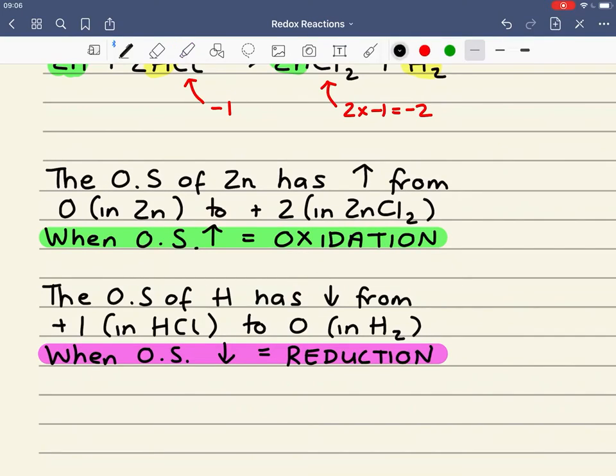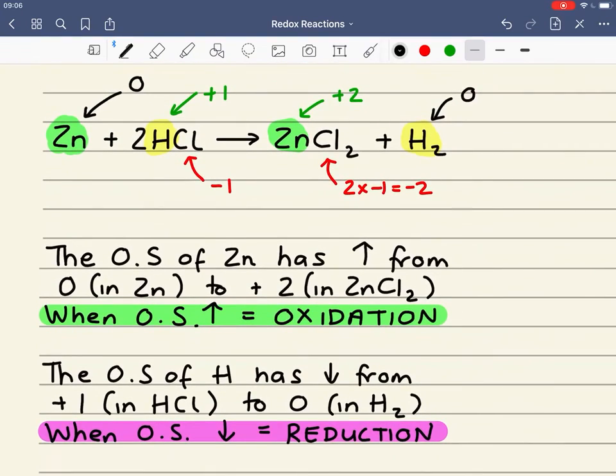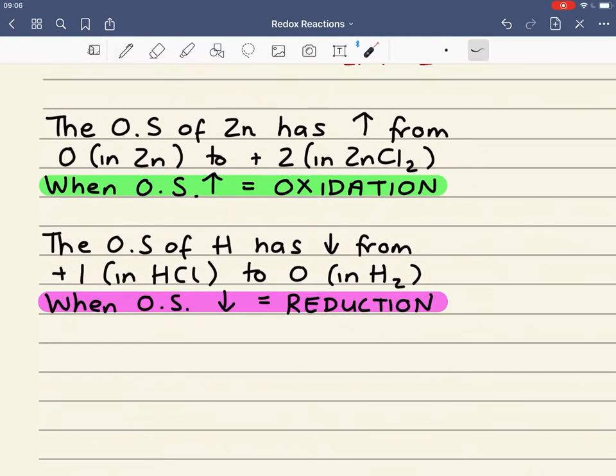Now, in terms of what the oxidising agent and reducing agent is, well, what has actually caused this zinc to be oxidised? Well, it's the HCl. Oxidising agents will always contain an atom where the oxidation state has decreased. So you can see there that the hydrogen's oxidation state has decreased, so this here is an oxidising agent.